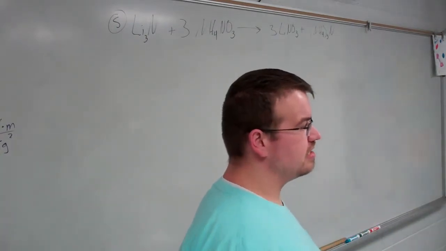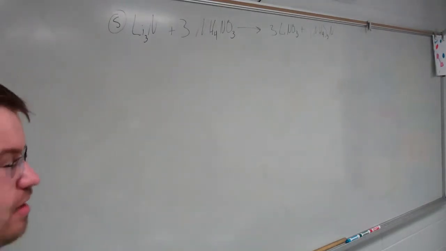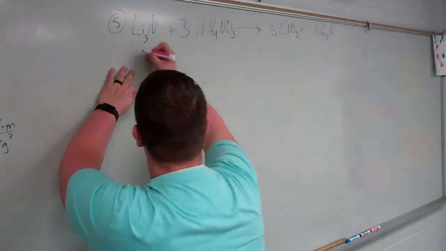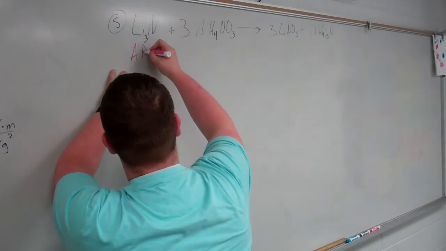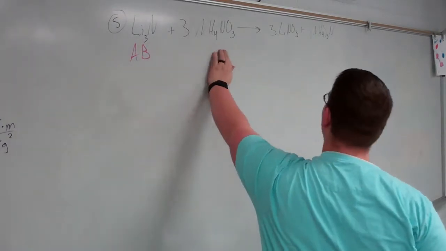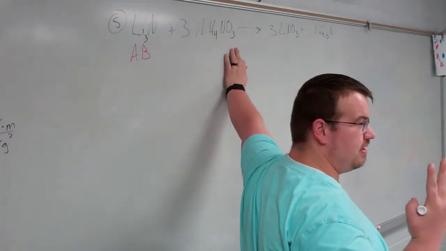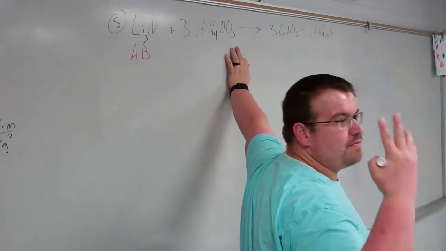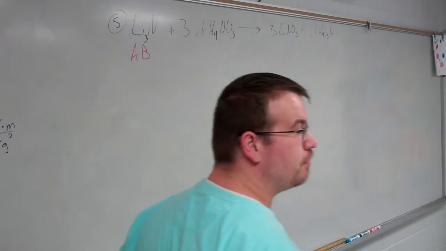Within this, every element or polyatomic is labeled by itself. In this case, lithium is A. Nitrogen is B. With NH4 and NO3, there are 4 elements there, which means I have 2 polyatomics, and the polyatomics are labeled by themselves.